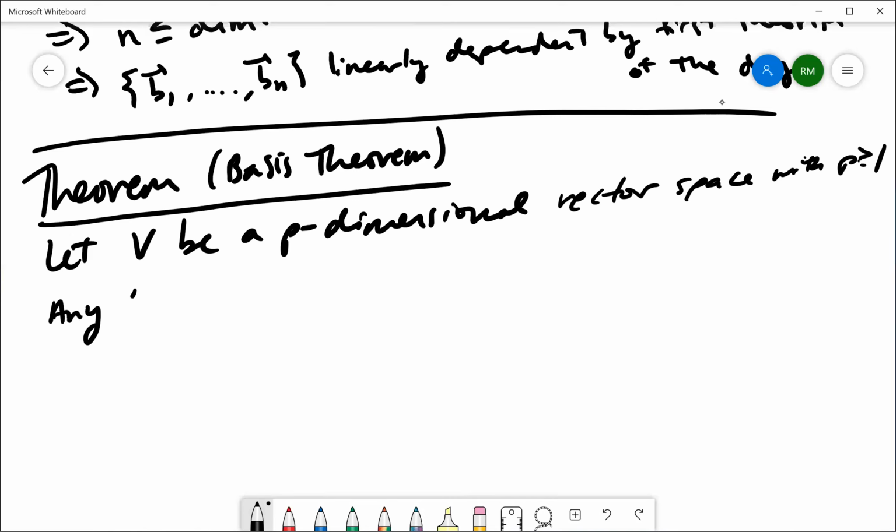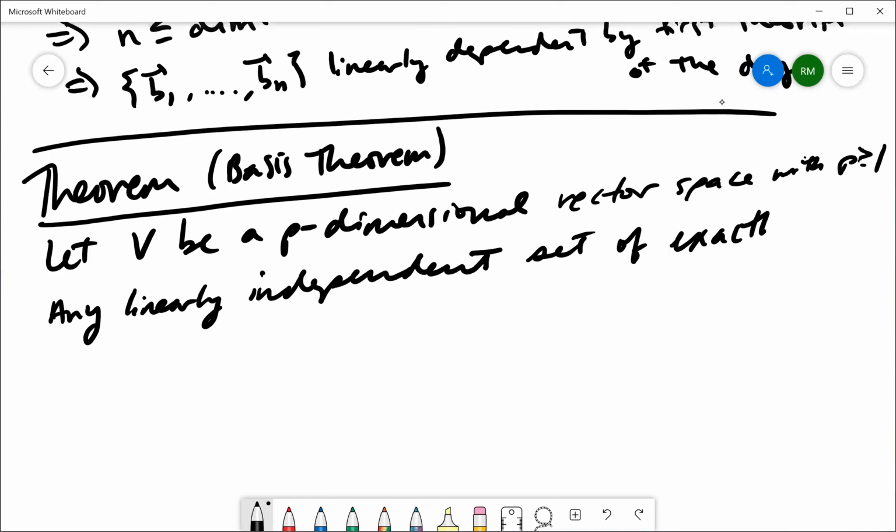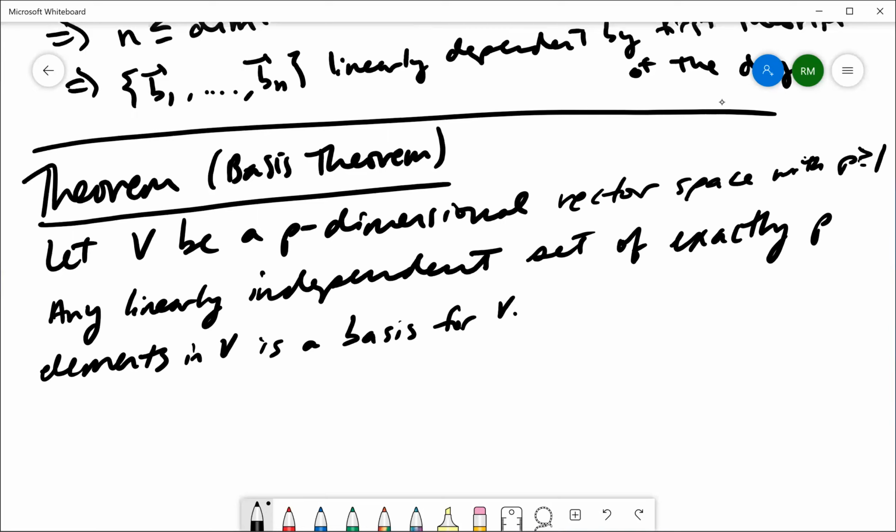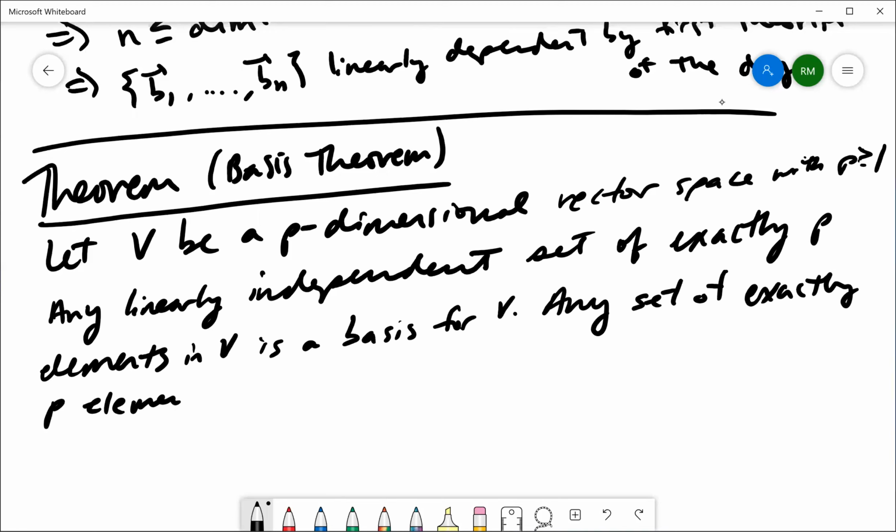Any linearly independent set of exactly p elements in V is a basis for V. Also, any set of exactly p elements or vectors that span V is automatically a basis.